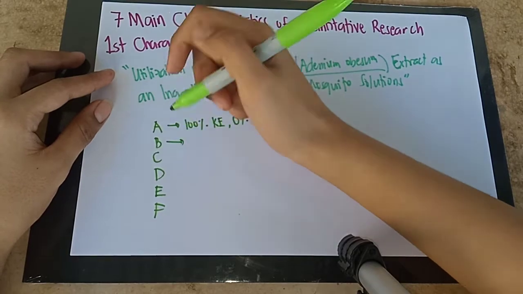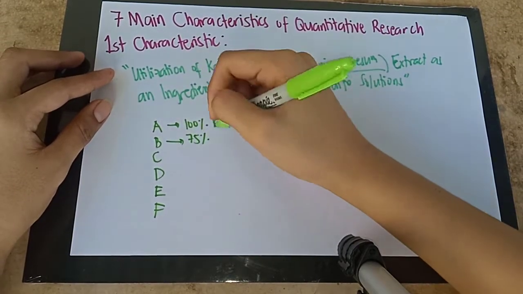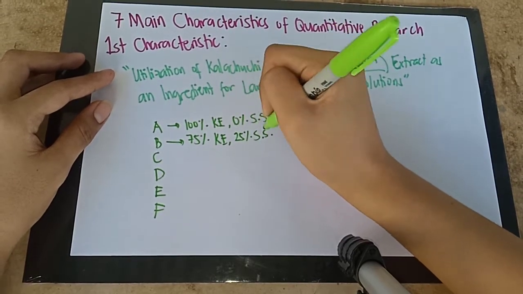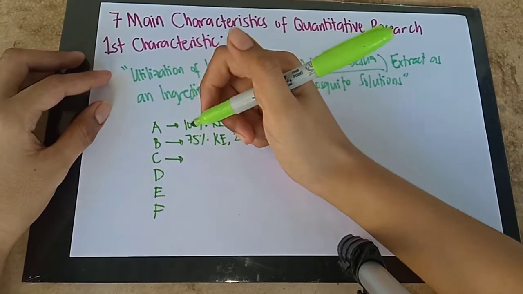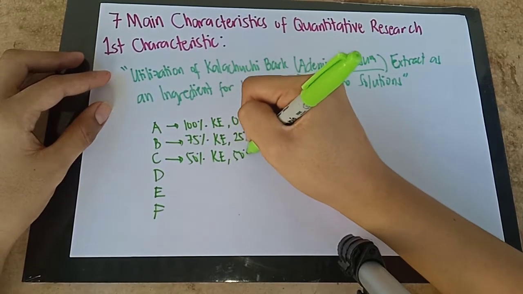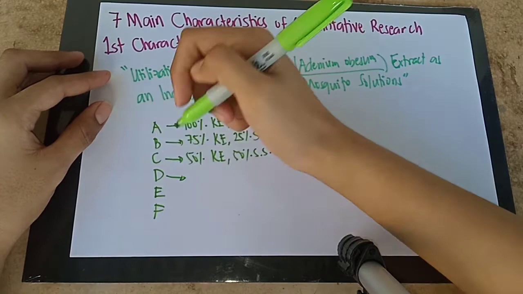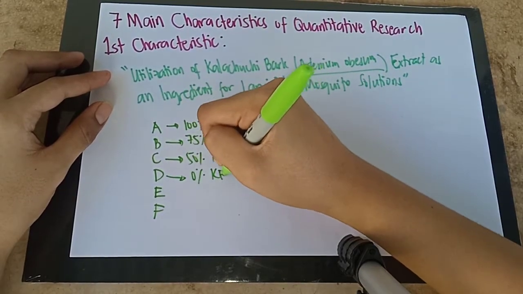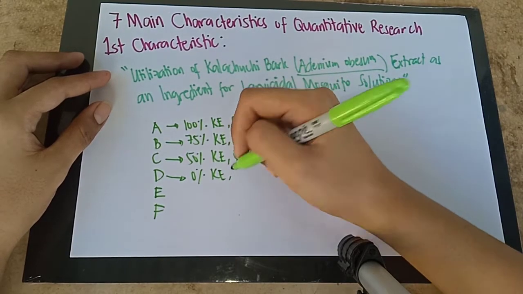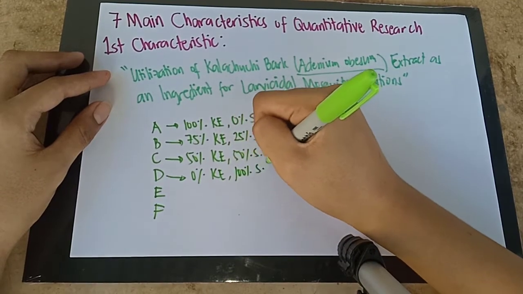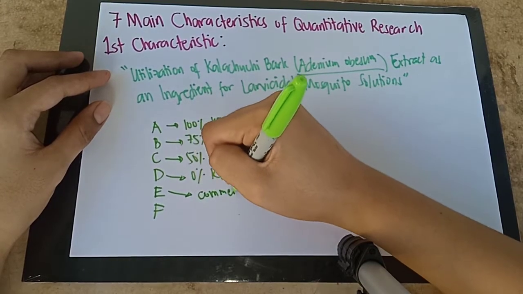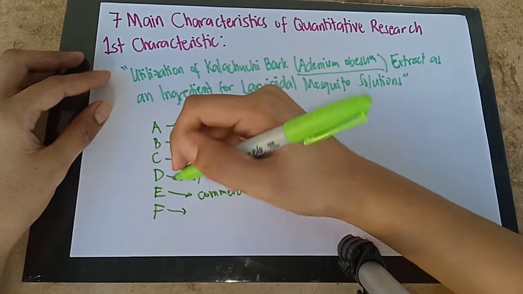Then, setup B contains 75% Calachuchi extract and 25% saline solution. Setup C contained 50% Calachuchi extract and 50% saline solution. Setup D contained 0% Calachuchi extract and 100% saline solution. Then, setup E is the commercial brand, and setup F is the negative control.